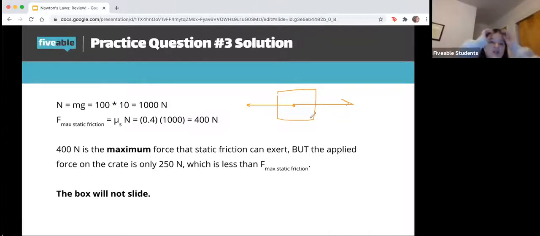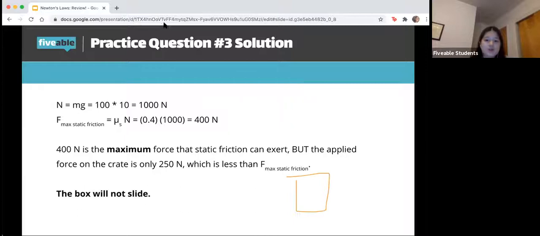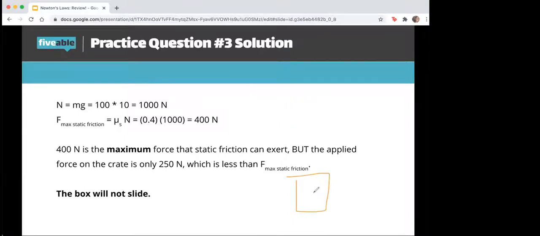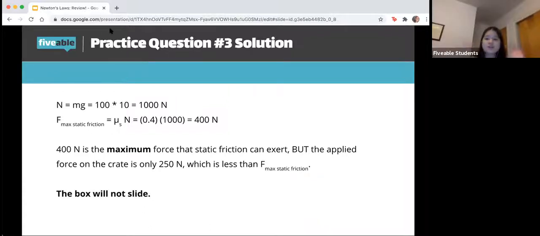Yeah, good question. I like to think of this like I'm physically pushing a box. I'm only pushing at 250, and the friction force is 400, that's the maximum.